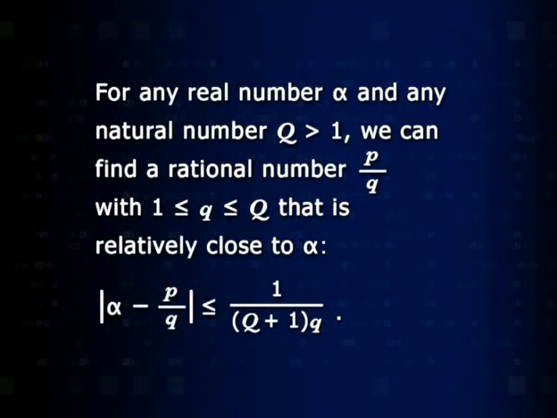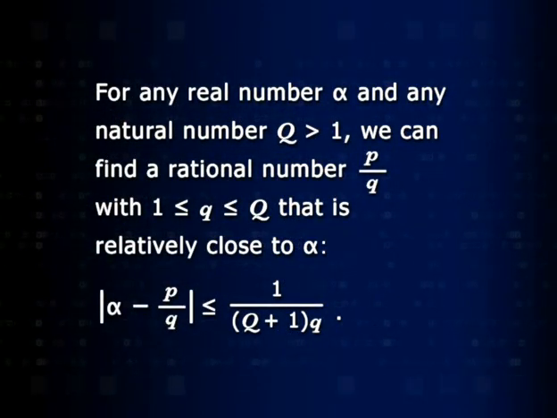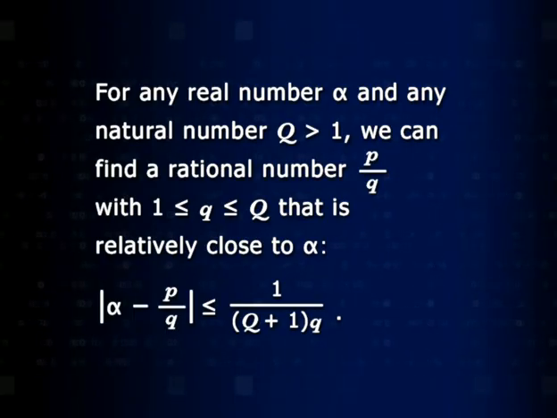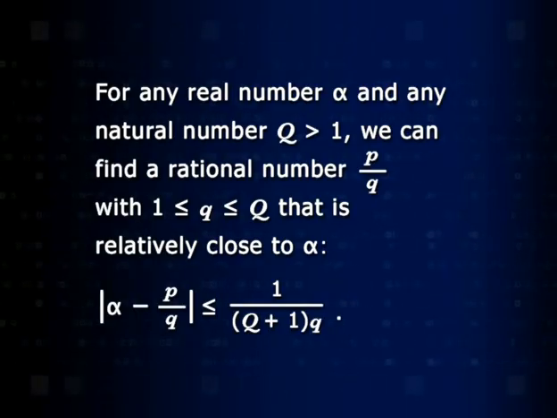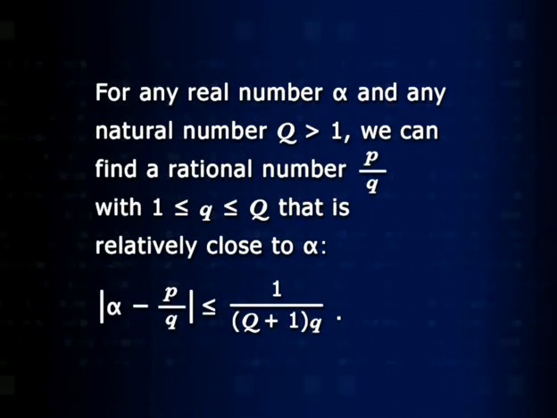Well, let's open this lecture by returning to Johann Dirichlet's theorem that we discussed in lecture 21. Dirichlet's theorem asserts that for any real number alpha and any natural number capital Q greater than 1, we can find a rational number p over q with the property that the denominator q is greater than or equal to 1, but less than or equal to the capital Q, and that p over q is relatively close to alpha.